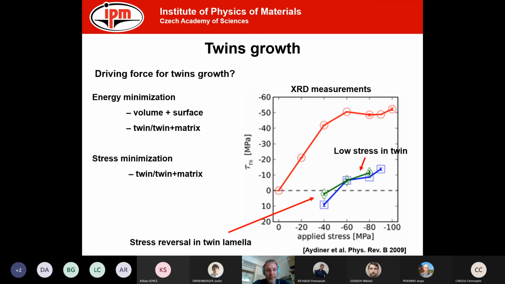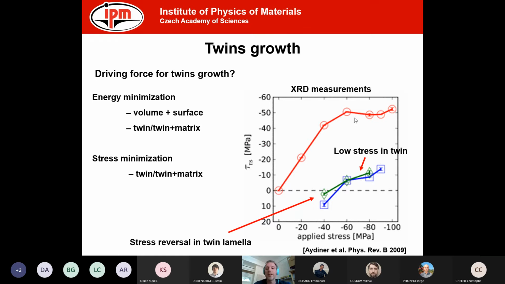If you want to use energy, then you have to take into account not only the volume energy of the twin, but also the energy of the surface of the twin that is created. And also there is a question whether to use only the energy in the twin or also the energy in the twin and the matrix combined. The same goes for the stress.